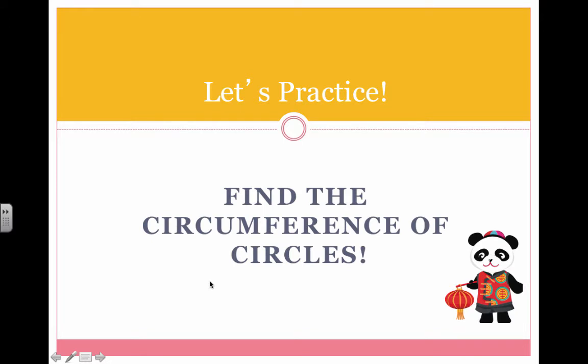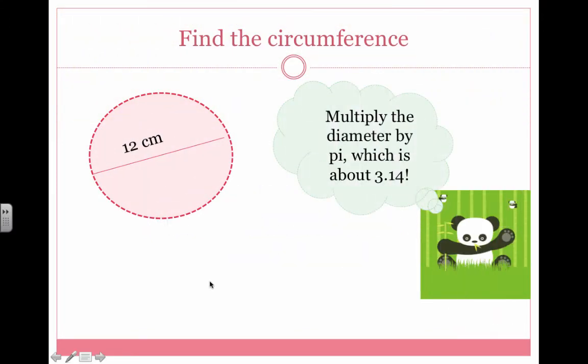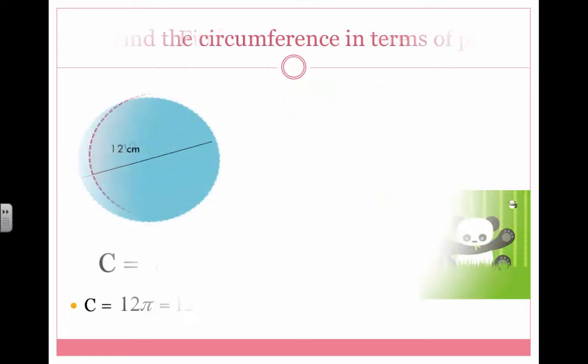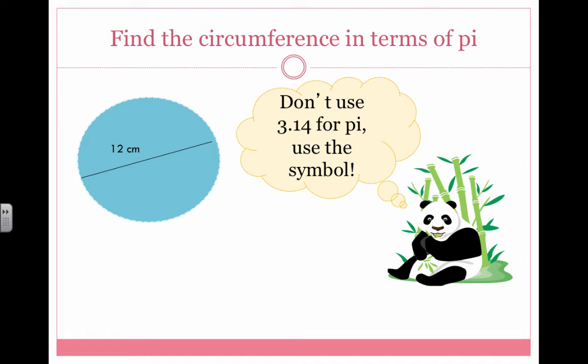Alright, let's practice. Find the circumference of the circles. Alright, the circumference of this one: multiply the diameter by pi, which is about 3.14, so we're going to go 12, which is the diameter, times 3.14, and we get 37.68 centimeters. All right, now this time we're going to find it in terms of pi.